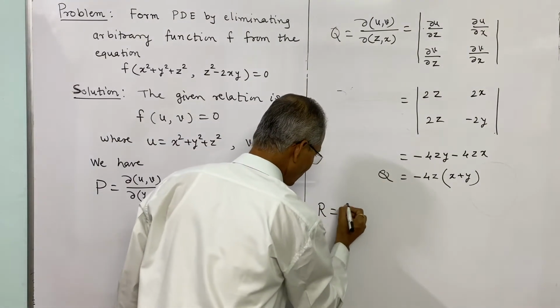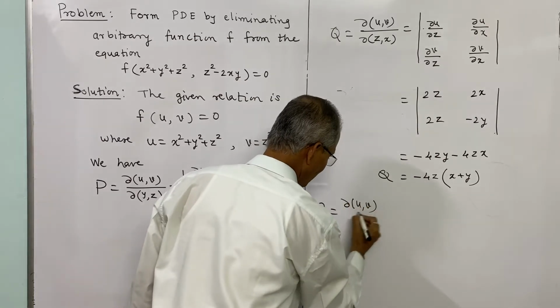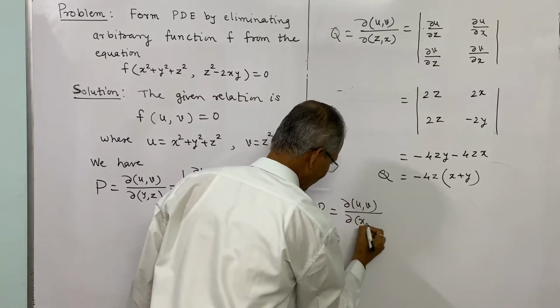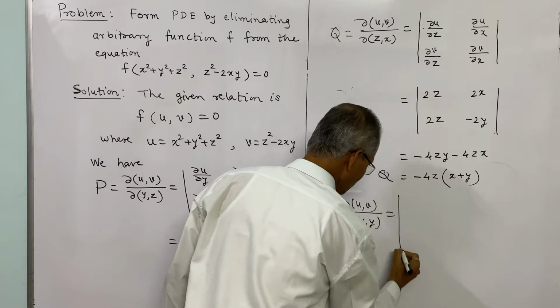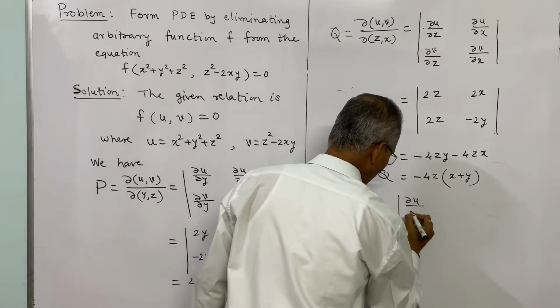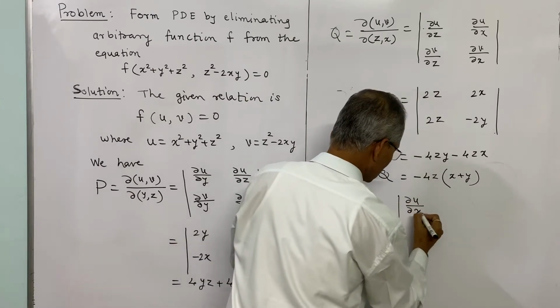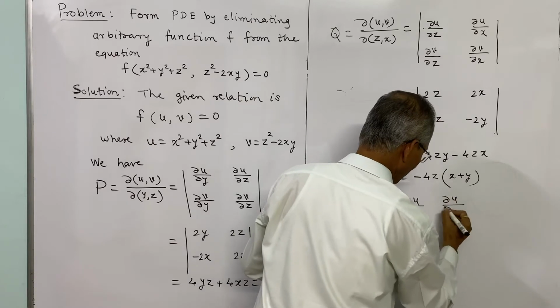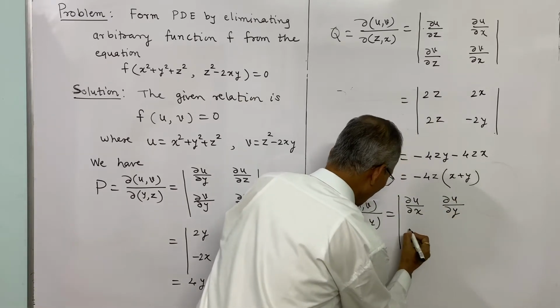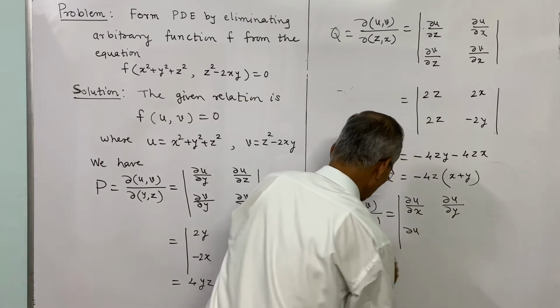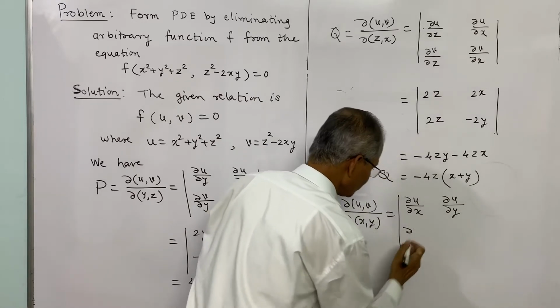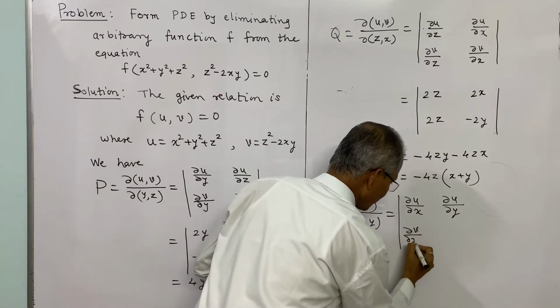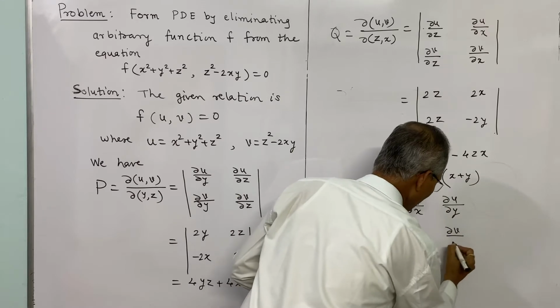R, we know it is the Jacobian of u and v with respect to x and y, and this is the partial derivative of u with respect to x, partial derivative of u with respect to y, and second row the partial derivative of v with respect to x, and the partial derivative of v with respect to y.